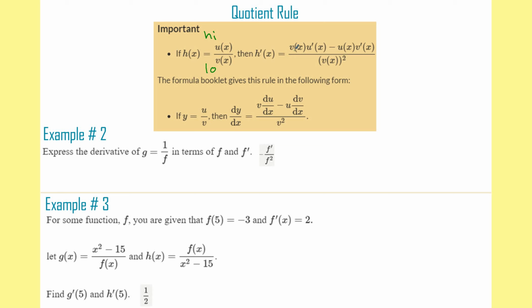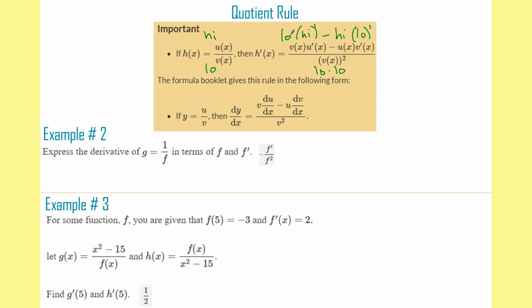How you want to remember this is: low, then the derivative of high, minus high, derivative of low, all over low times low.